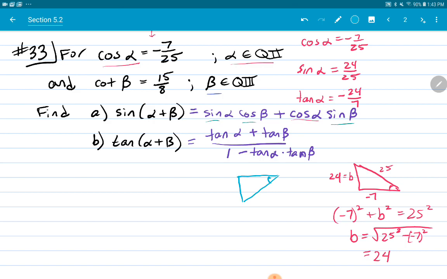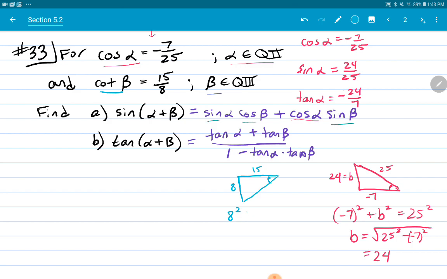And I'm given the cotangent of beta is 15/8. So cotangent, that's the inverse of tangent. Tangent is opposite over adjacent, so cotangent is going to be adjacent over opposite. So that's 15/8. Then I can find the hypotenuse with the Pythagorean theorem.